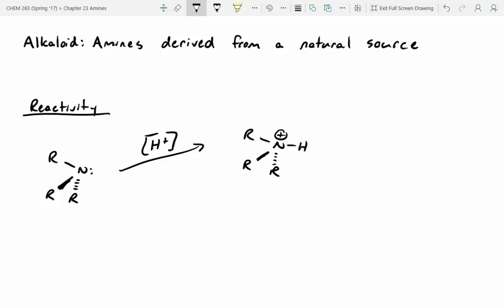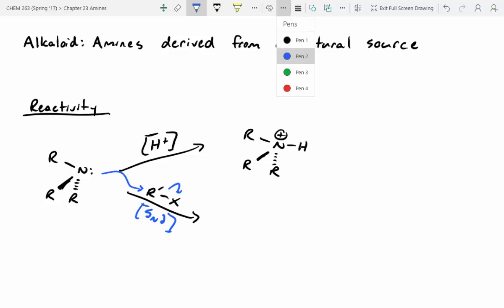We've seen that plenty, where they just act as a base. Alternatively, you can react this with some sort of halogen through an Sn2 reaction. And if you do this, really all that's happening is your backside attack, kick off your leaving group, and that's how you can form your quaternary ammonium salts.